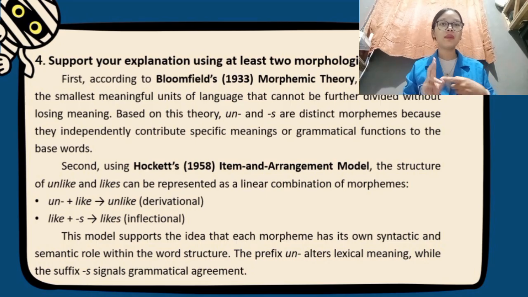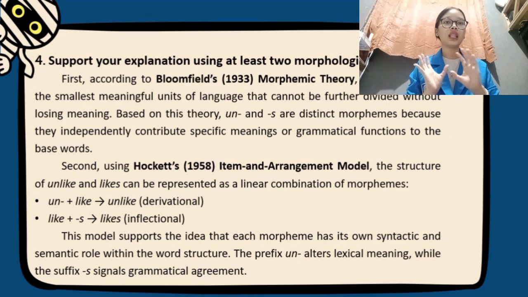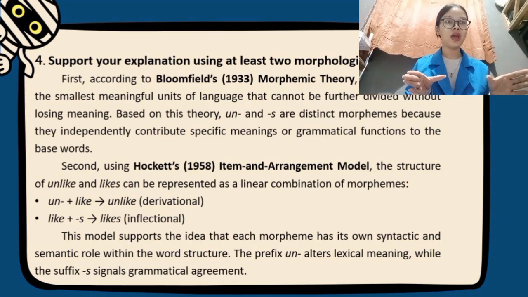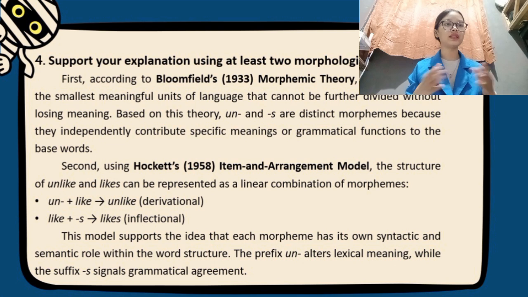Then "like" plus "-s" becomes "likes," which is inflectional. This model supports the idea that each morpheme has its own syntactic and semantic role within the word structure. The prefix "un-" alters lexical meaning, while the suffix "-s" signals grammatical arrangement.